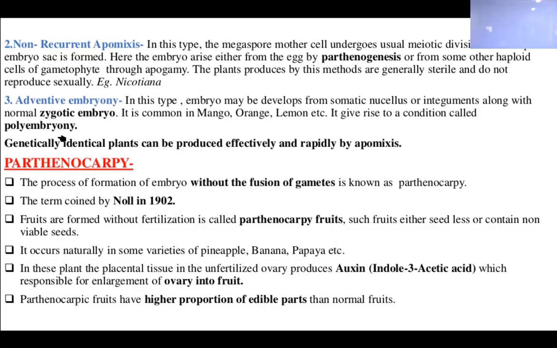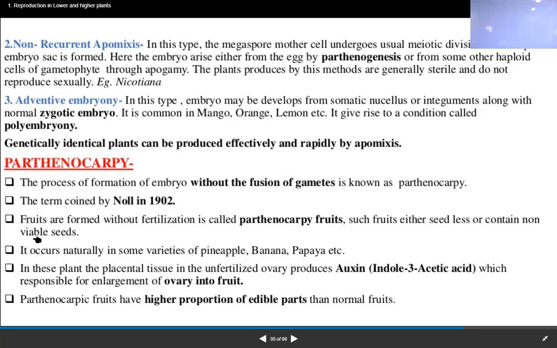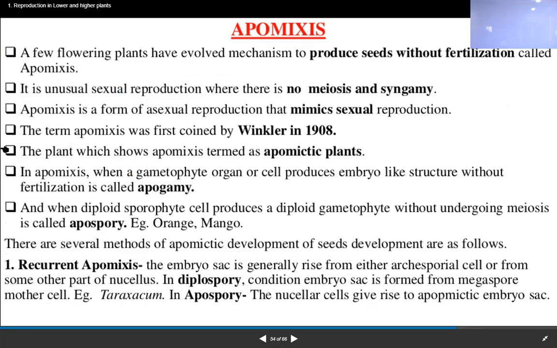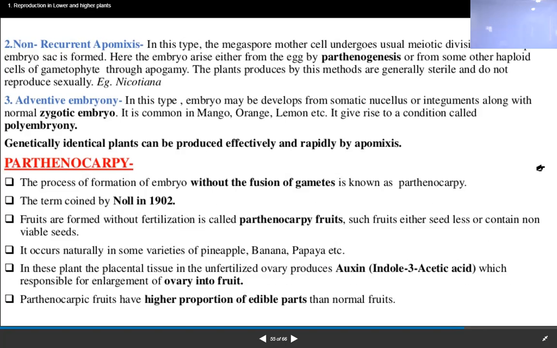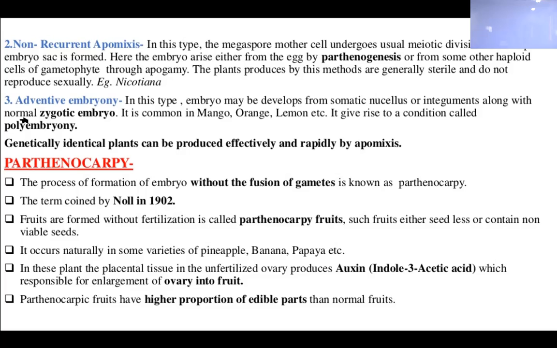See, the name itself gives you the meaning, polyembryony. If you split the word, it is the development of more than one embryo. Yes. Polyembryony, that means more than 1, 2 or 3 embryos.